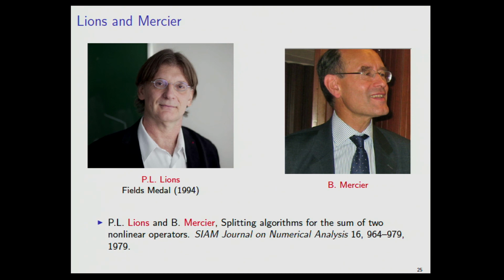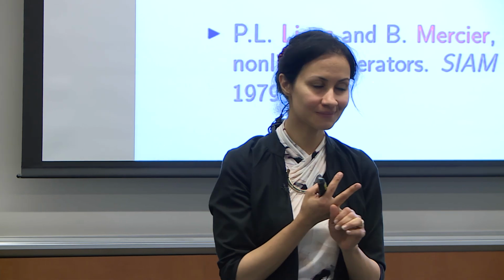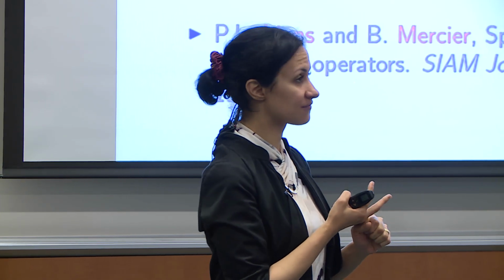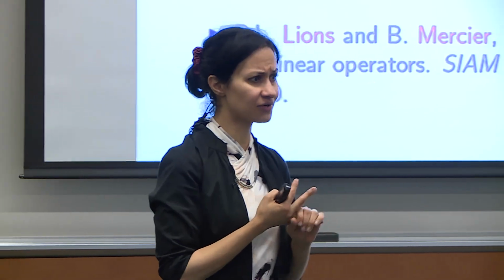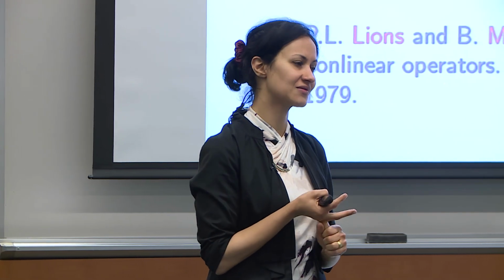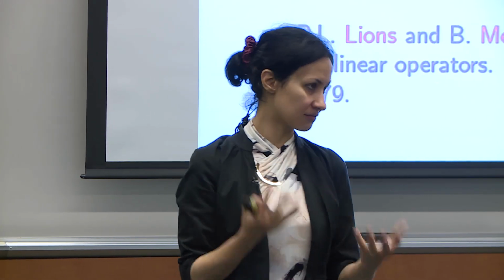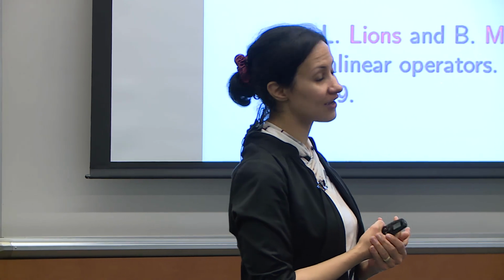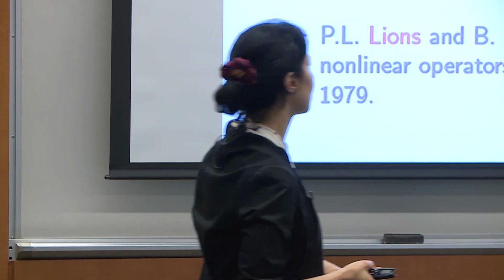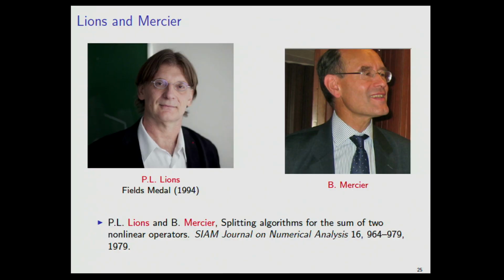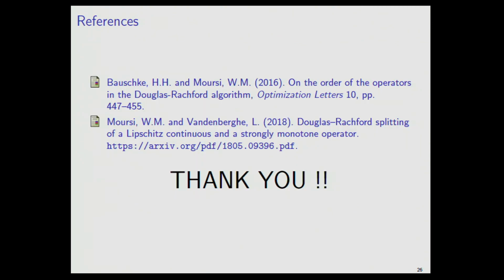In the original setting of Douglas and Rachford, they worked with positive semi-definite matrices in R^n, single-valued, full domain, and then they had this amazing generalization to operators that are not necessarily single-valued, not necessarily full domain, and possibly in the infinite dimensional setting. So that was the talk, and thank you.